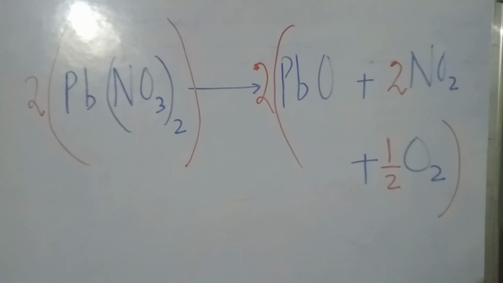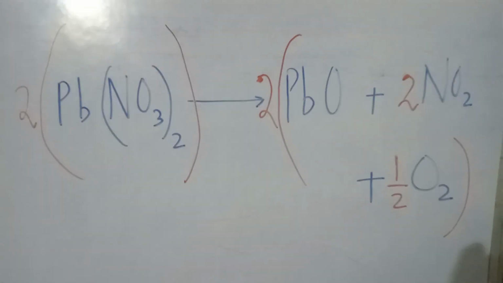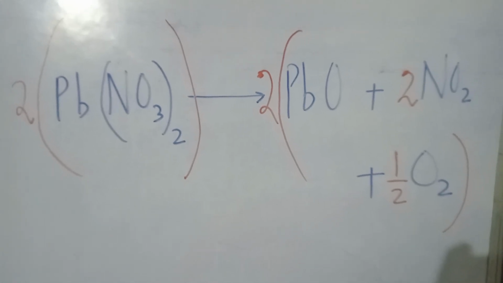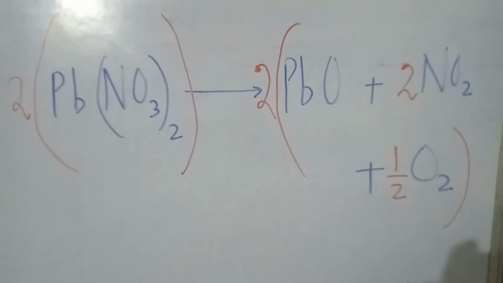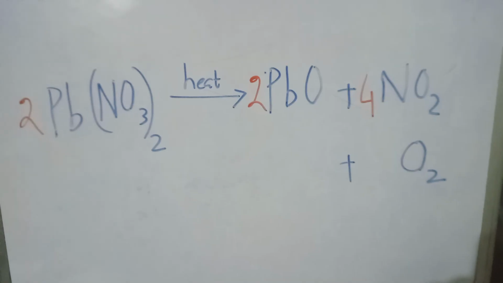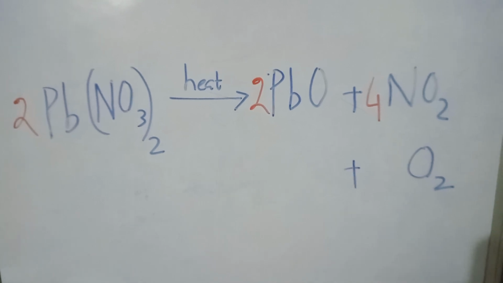So now we have multiplied 2 on both sides, in the reactant side as well as in the product side. Now we will derive the equation. So now this equation is balanced.